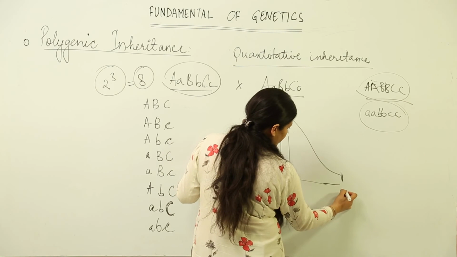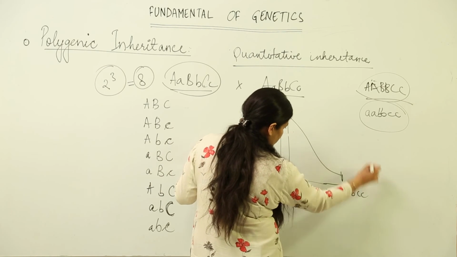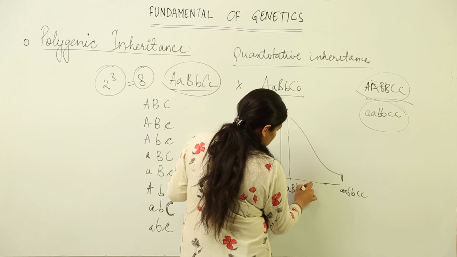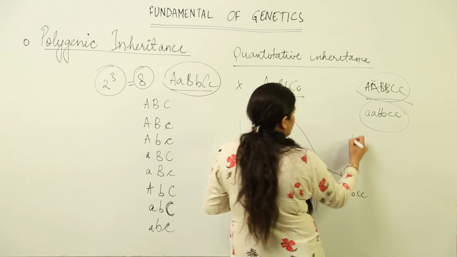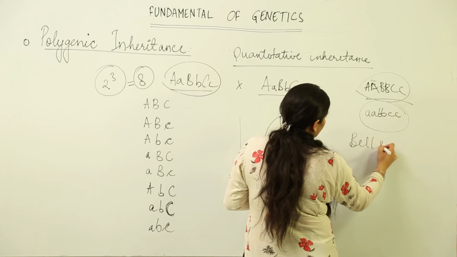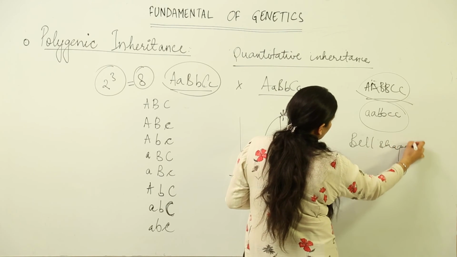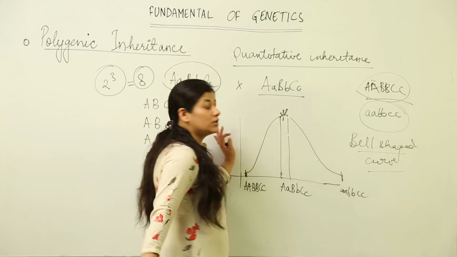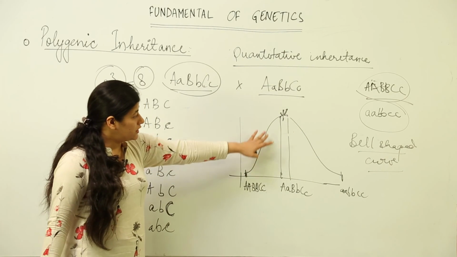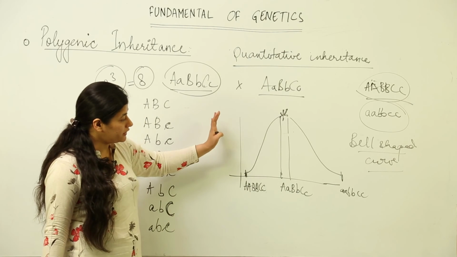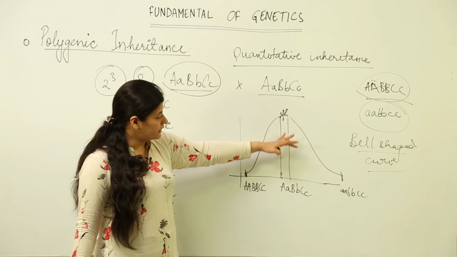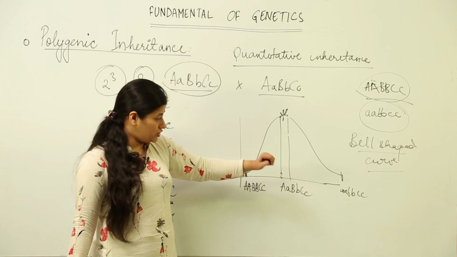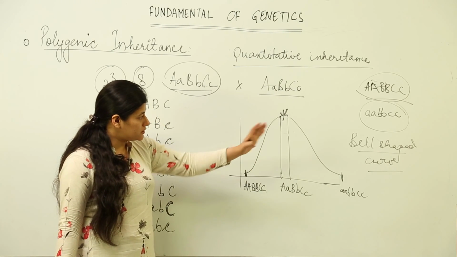Here you are going to find, and here this is the intermediate one. So certainly you get a bell-shaped curve for the polygenic inheritance, which you have in the case of human skin color, where the intermediates have the maximum number of progeny, and this is the bell-shaped curve.